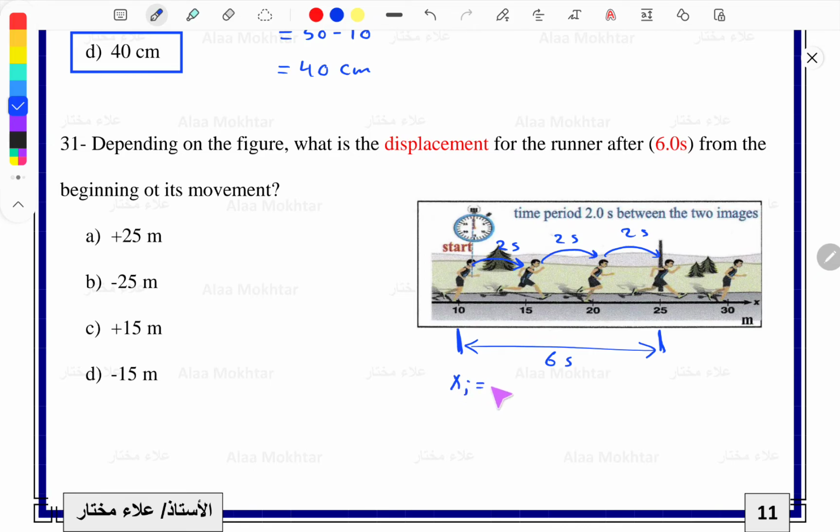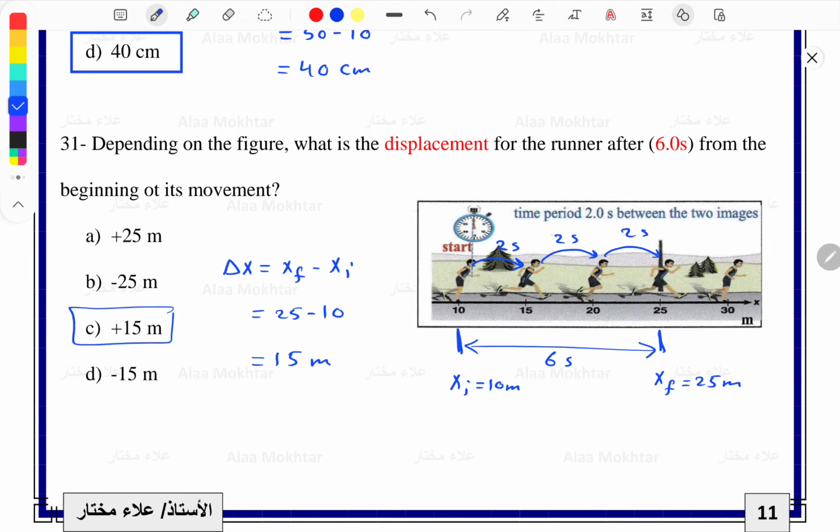X initial is 10 meter. X final is 25 meter. The displacement is what? X final minus x initial is 25 minus 10, which is 15 meter in the positive direction, as you see in the figure.